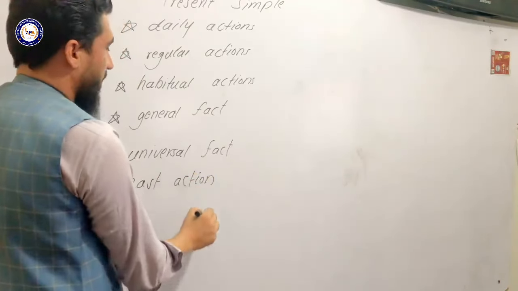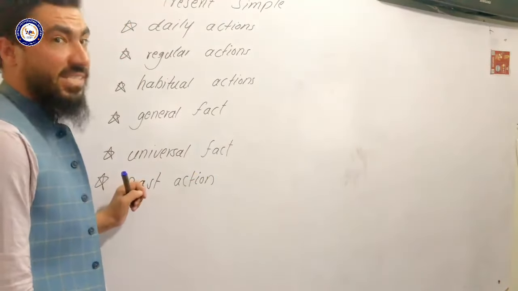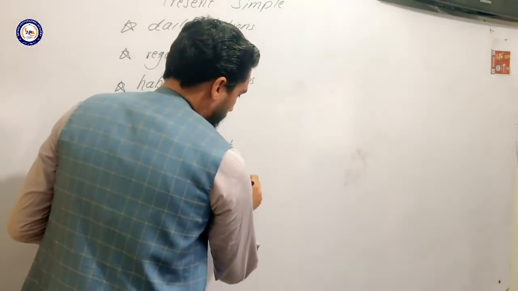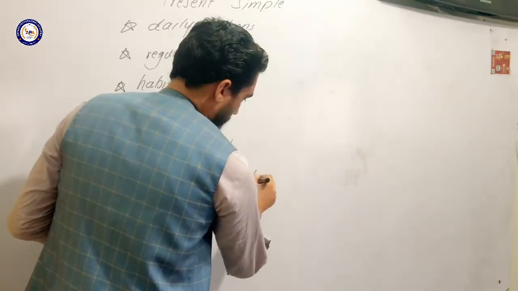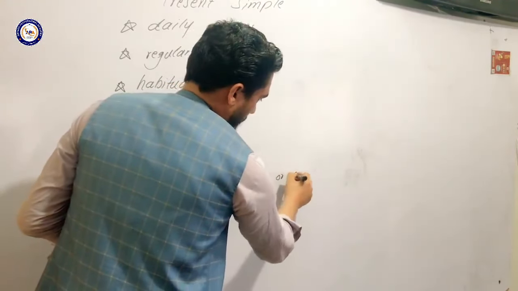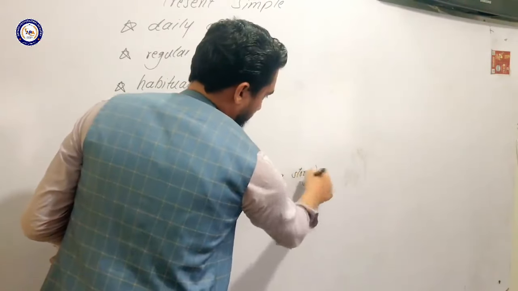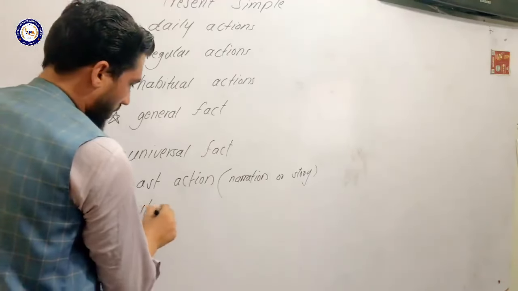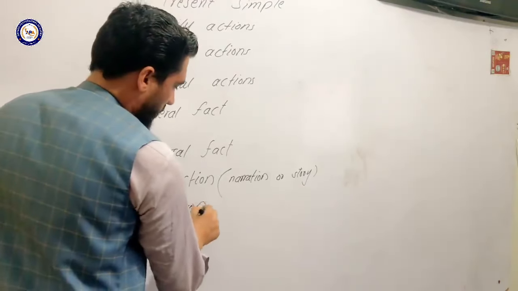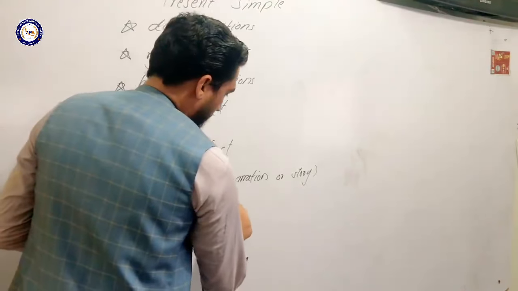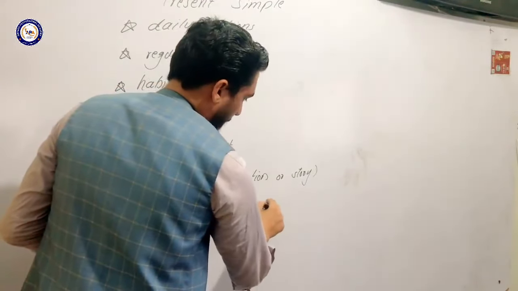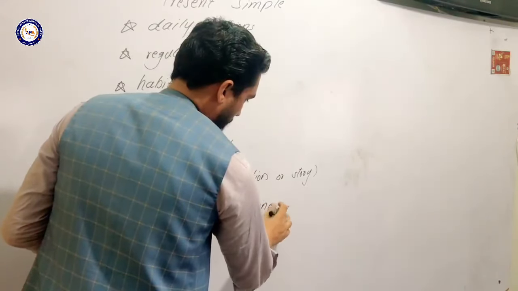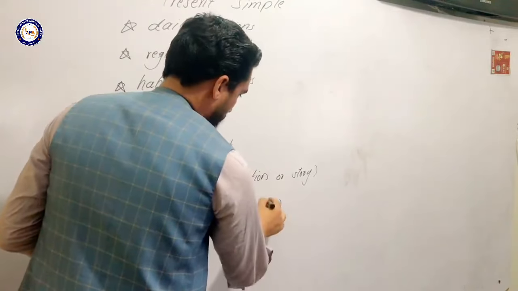We can also use present simple tense to show past action and narration. Narration, yeah, or story. Past action and headlines. Future action, headlines.